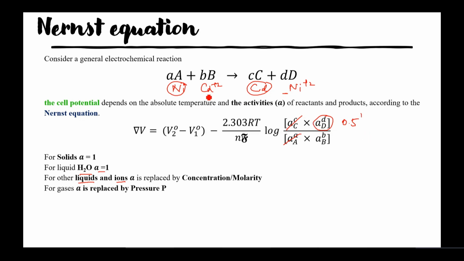Similarly, if cadmium has a molarity of 0.6, you replace it with 0.6 here. And similarly, the power is basically dependent upon the number of moles. Clear enough?